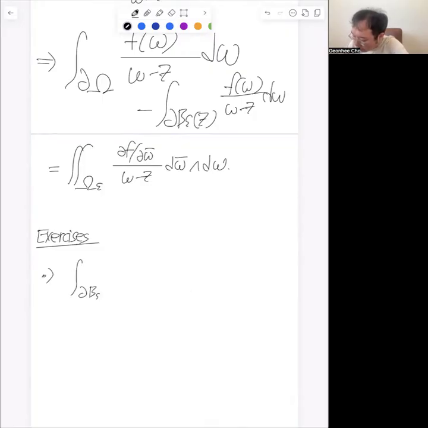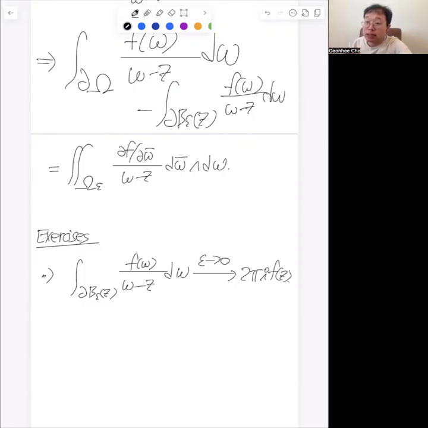If you take this guy as epsilon tends to zero, then by looking at this expression you can establish that this is 2 pi i f of z. You should work a bit because this is related to the effect of the winding form. But again, this is standard, so let me skip describing it.